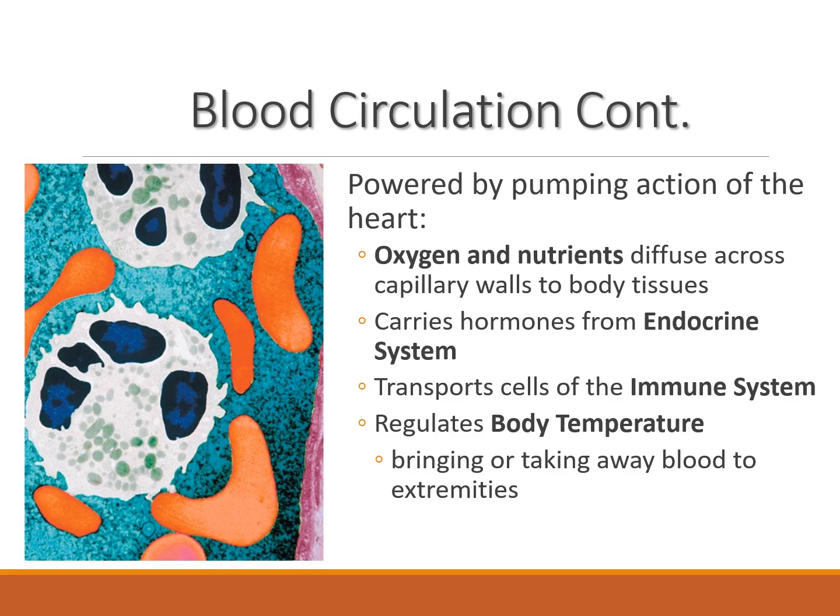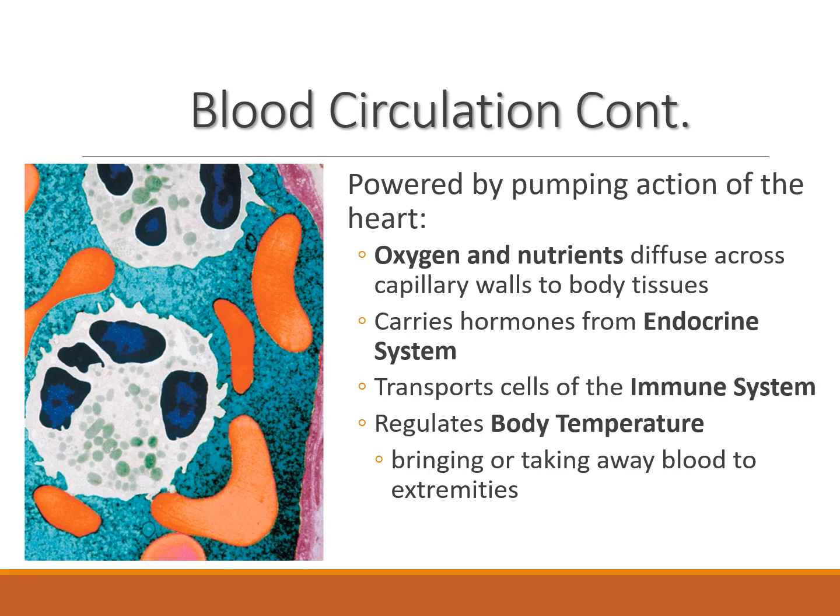But another thing that we don't really think about either is that blood helps to regulate the body temperature. So we said a little bit about movement and muscles generating heat and regulating body temperature. Well, you also can perfuse different areas of your body, meaning you can either bring more blood to or take blood away from different areas of your body.